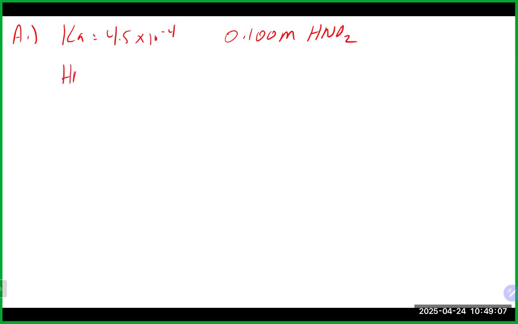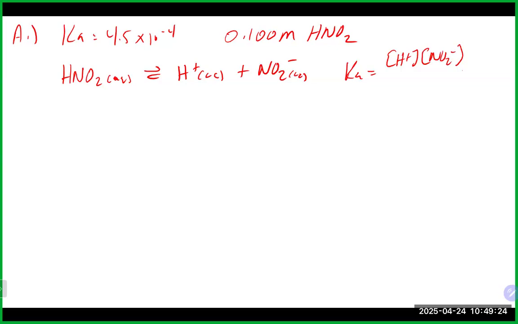So we're going to do our weak acid breaking apart into its ions here. That's going to give us a Ka expression here of our products over our reactants. And again, that's going to equal our Ka value there, 4.5 times 10 to the -4.